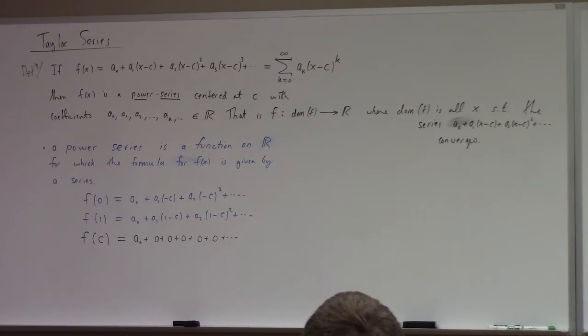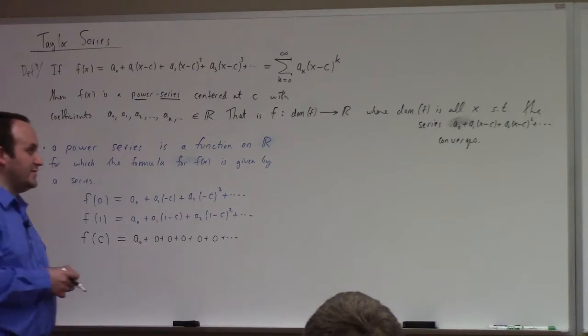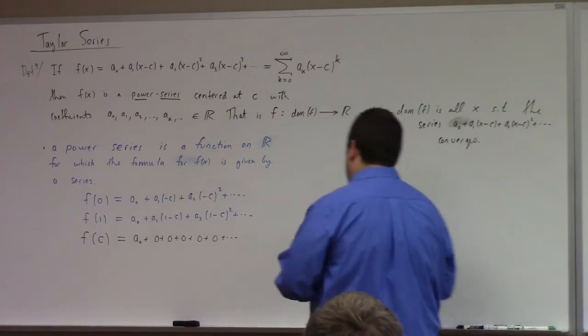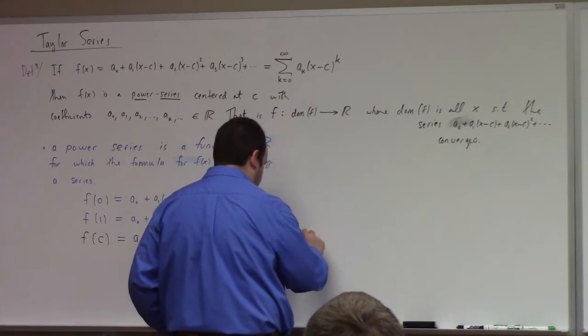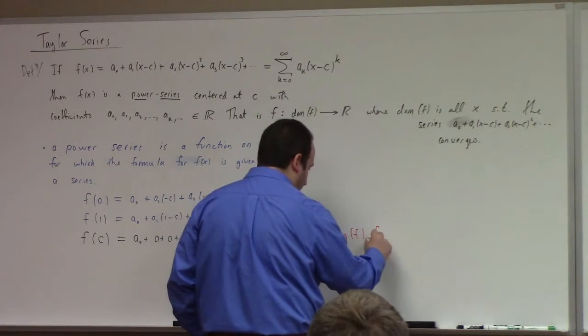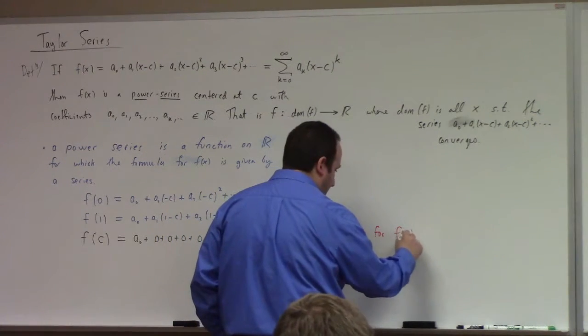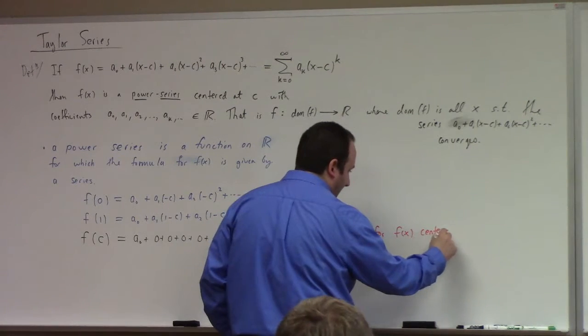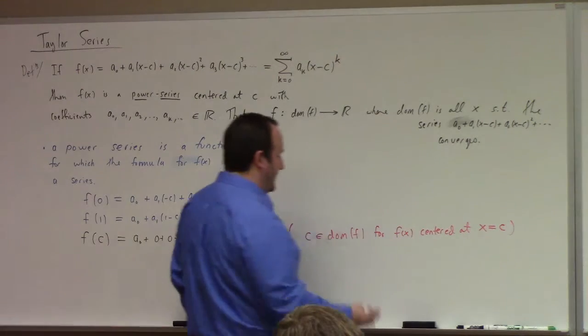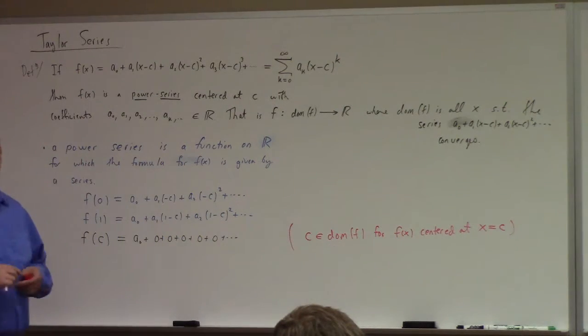A0's a number. So this domain is never empty. There's always at least one point in the domain. What point is always in the domain? C is an element of the domain of f for f of x centered at c. So you always have at least that point in the domain of a power series.